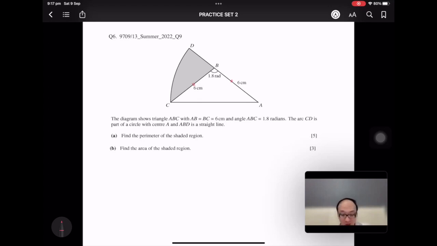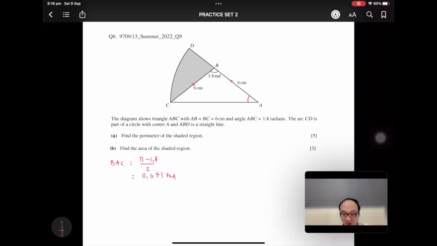First, we know that ABC is an isosceles triangle, so we can find the angle here. The angle BAC will be equal to pi minus 1.8, and then divide by 2. It's pi minus 1.8 divided by 2, 0.671 radian.